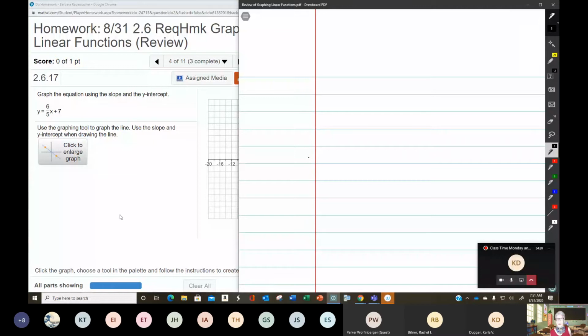Okay, now we're going to graph linear functions, straight lines, but we're going to use a method called slope-intercept, just like slope-intercept form. Only you're going to see there's a particular trick to it. I don't know if we've already talked about this before, but we're going to do it again. So this is problem number 4.